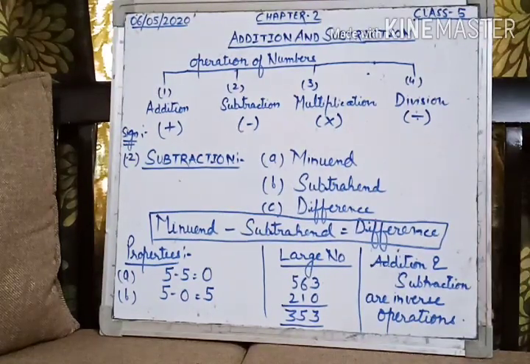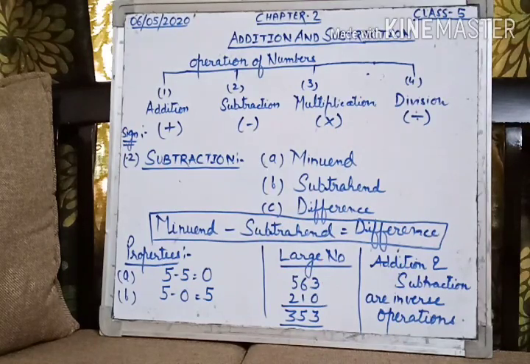The number which we are subtracting from the minuend is called subtrahend, that means the smaller number. Bigger number is called minuend, smaller number is called subtrahend. These are the two different terms.